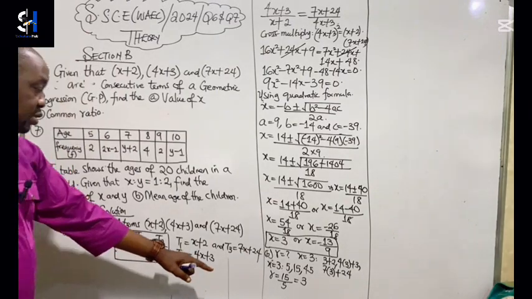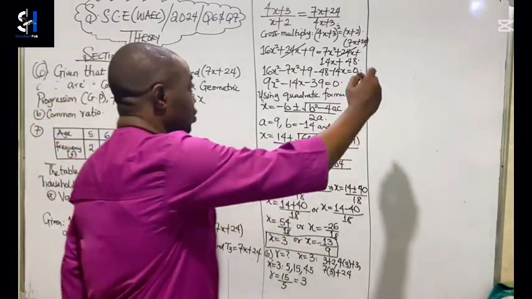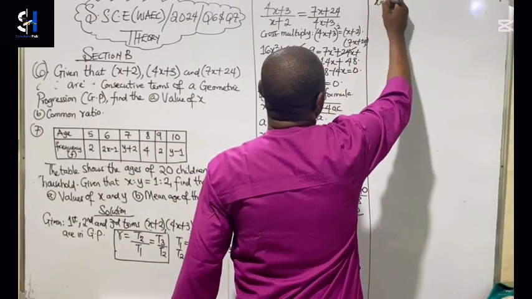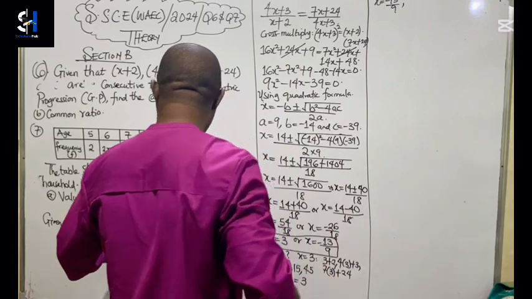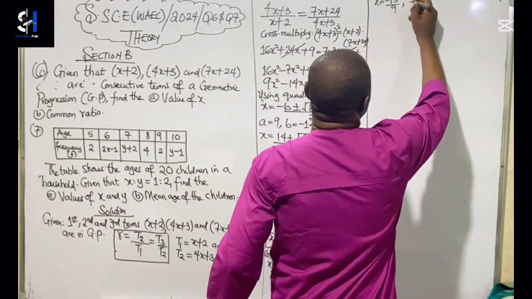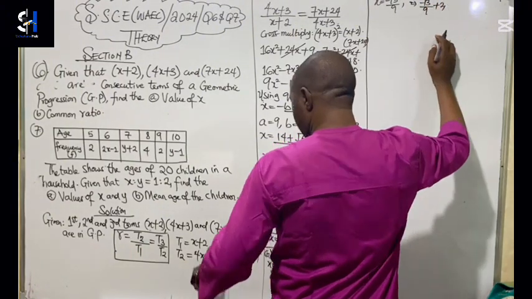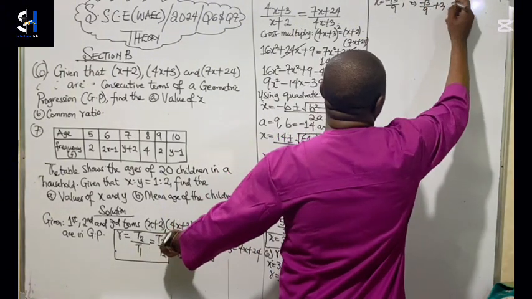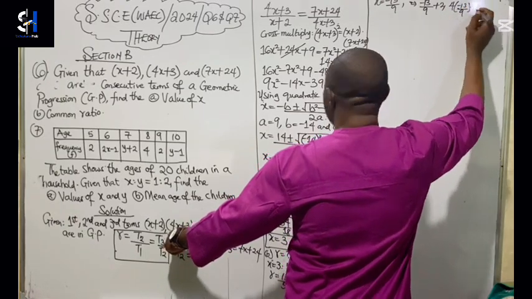But when x equals minus 13 over 9, the first one we have x plus 2, so that will be minus 13 over 9 plus 2. Then also we have 4 times minus 13 over 9 plus 3.